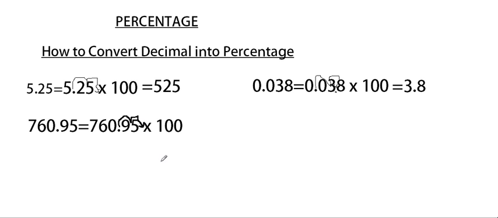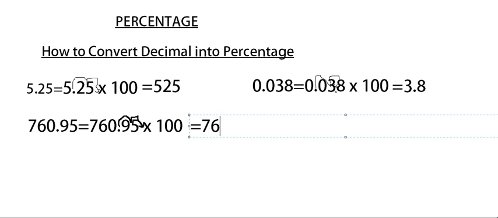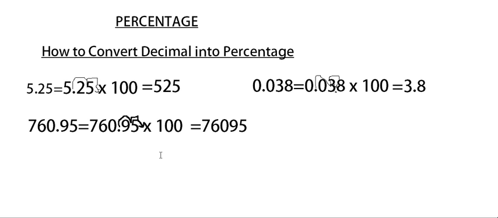So it becomes 76095. This is my answer. So whenever you have to multiply a decimal number with multiples of 10, just move the decimal as many places as the zeros given in the multiples of 10. That is very, very simple.